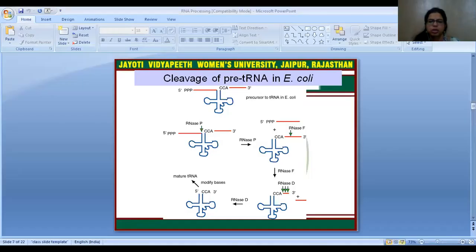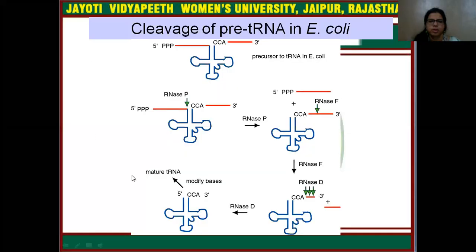Here we can see the diagrammatic representation of tRNA modification, or cleavage of pre-tRNA, in E. coli. This is the precursor of tRNA in E. coli. The 5' end has a polyphosphate chain, and this is the 3' end, which is CCA. Now RNase P comes and cuts this elongated region.